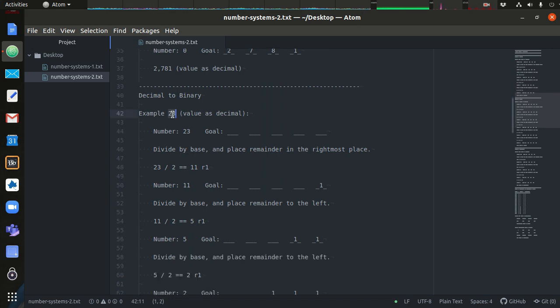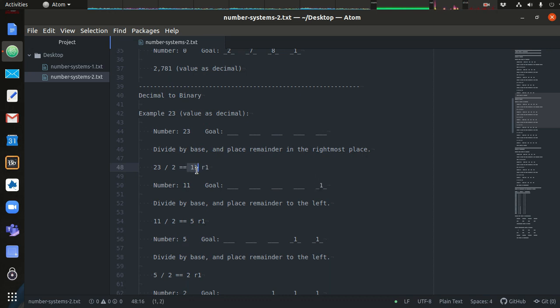Okay, so we have the decimal number 23. This is the value as a decimal. So we start with our number, write it down, and we have a goal. We don't necessarily know how many digits this is going to be, but we're going to divide by the base and place the remainder in the rightmost position. So 23 divided by 2, that's 11, and then we have a remainder of 1, so we put the 1 here.